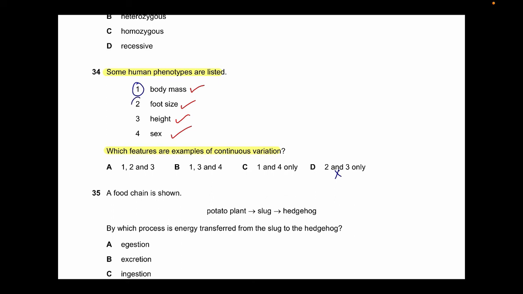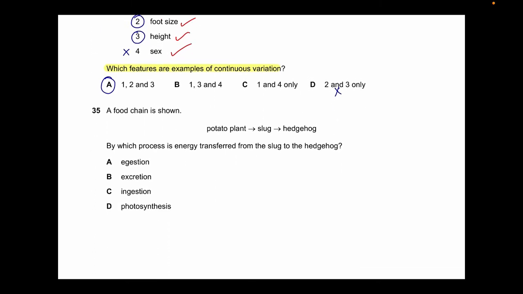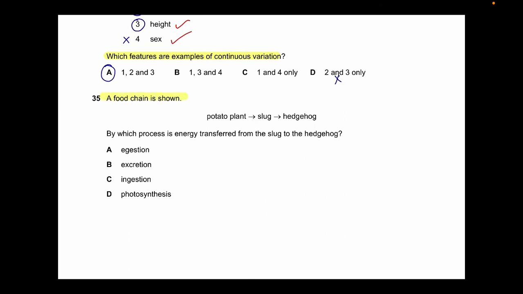Foot size and height all depend on environment and genetics. Sex is determined by genetics only. So option A is correct.